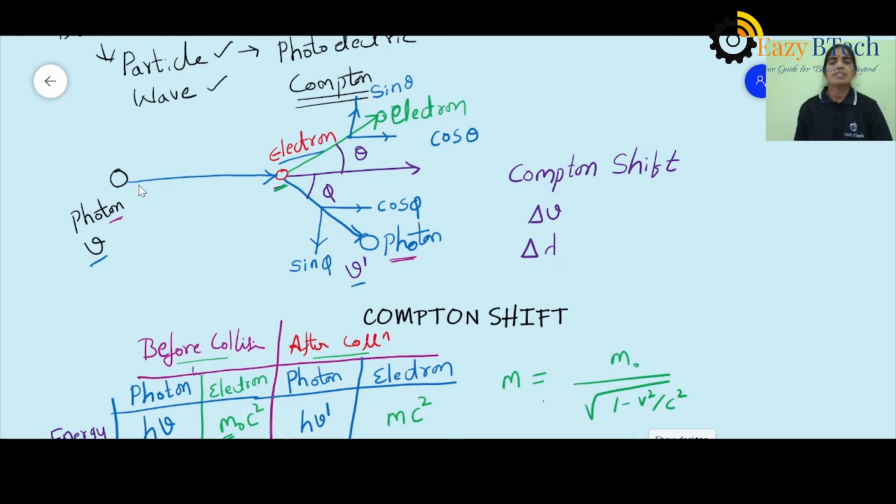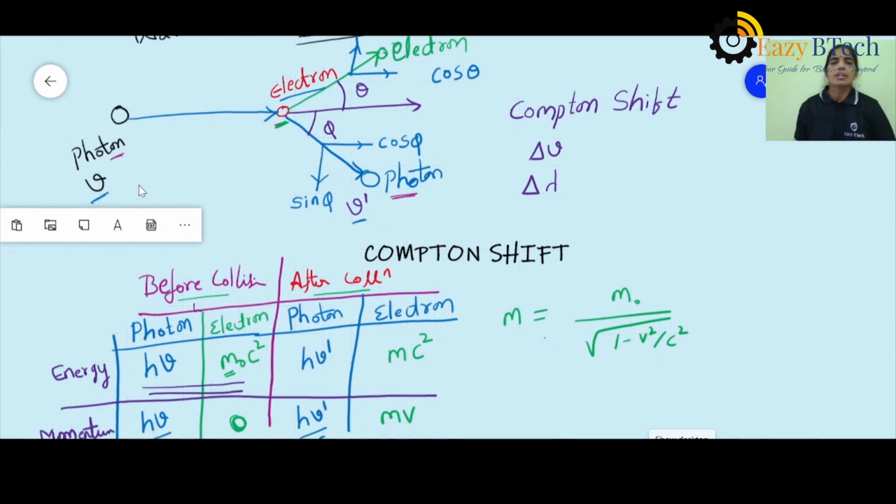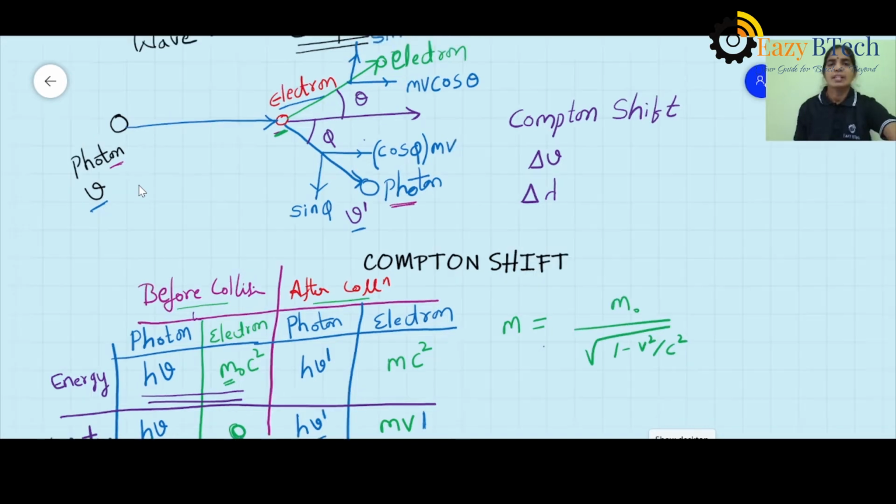Now if I look at the situation before collision and after collision for momentum, the momentum for the electron is represented as mv. So I'll have mv cos theta along the x direction for the electron, and for the photon it becomes h mu prime by c cos phi along the horizontal direction.